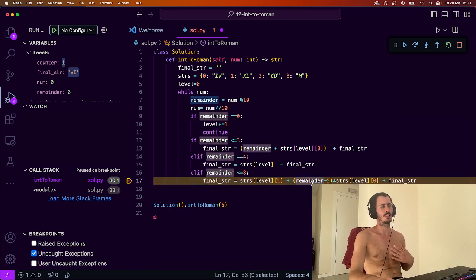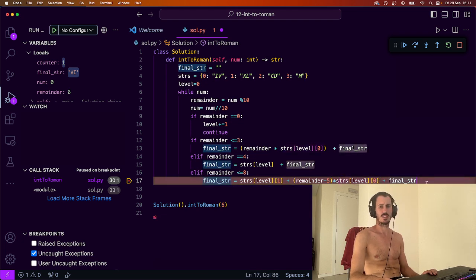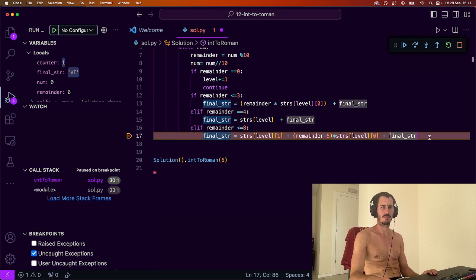Because let's say the remainder, which is the number we're operating, is 6. 6 minus 5 is 1. We have V already, and we just want to put one I there. Then it's plus final string.